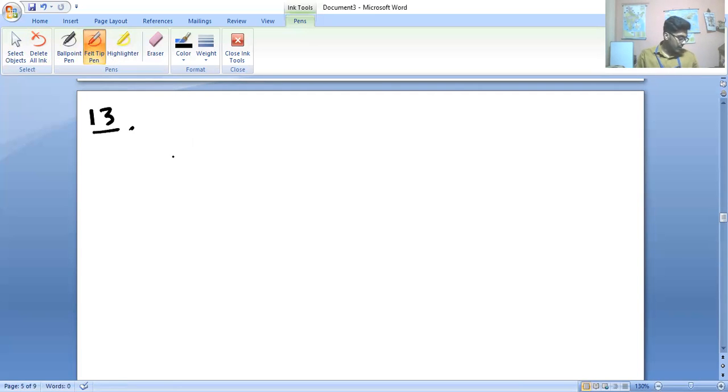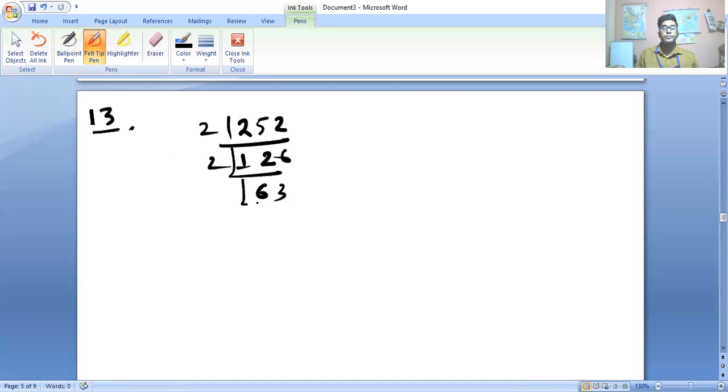Question number 13 says, find the smallest number by which 252 must be multiplied to get a perfect square. So the first step will be to factorize 252. So what do we have here then? 252 is equal to 2 square into 3 square into 7.